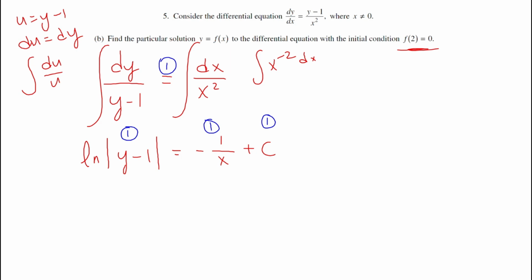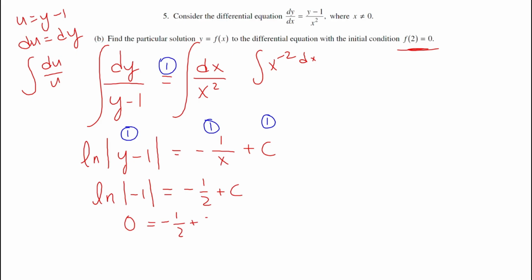To get the 5th point here, you need to solve for the constant using the initial condition. So when x is 2, y is 0, that gives us the natural log of the absolute value of negative 1 equals negative 1/2 plus c. Well, the natural log of the absolute value of negative 1 is just the natural log of 1, which is 0.